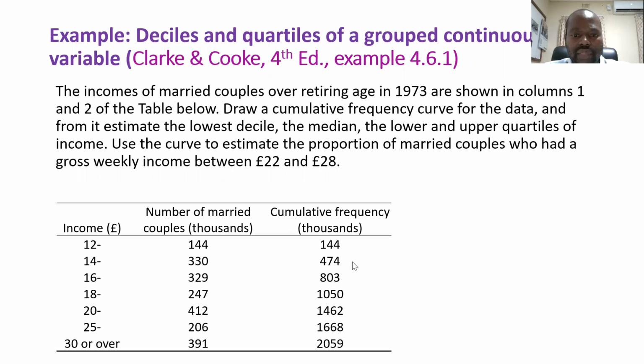In the second class interval, you add the previous and the current, and then you keep on adding up to the total frequency, which in this case is 2,059 thousand married couples, that is 2,059,000. So we need to use that curve to answer the questions we've been given.